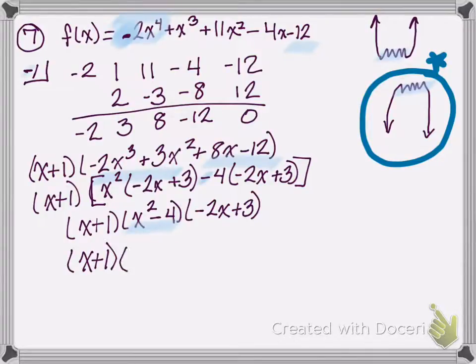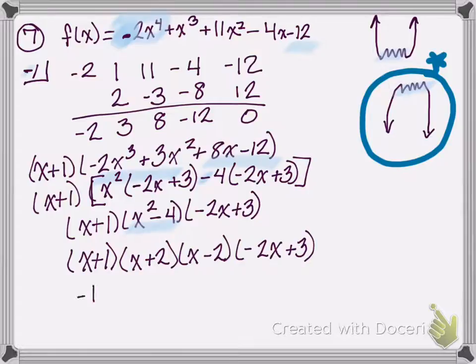X squared minus 4 is the difference of perfect squares. So I'm going to have x plus 2 times x minus 2. And then my final factor is negative 2x plus 3. So these are my factors. And what I want are my zeros, or the solutions that are associated with that.